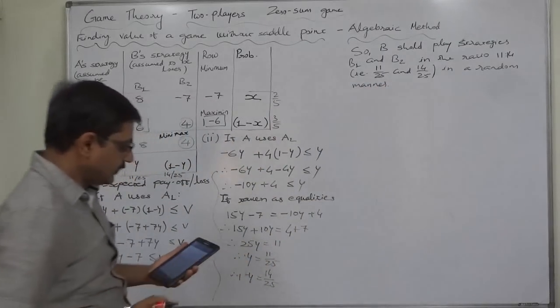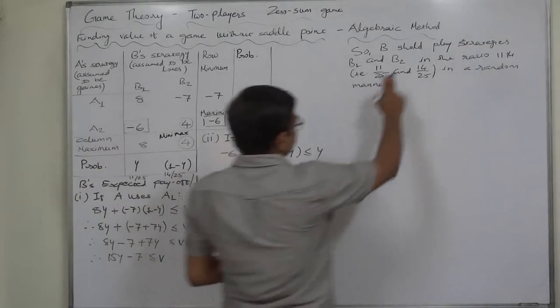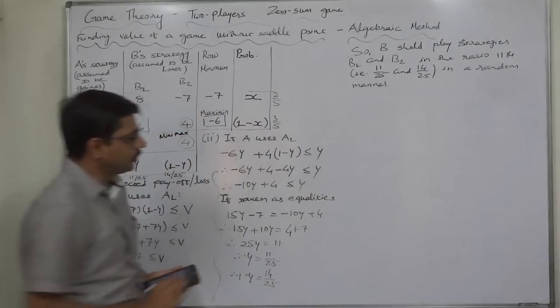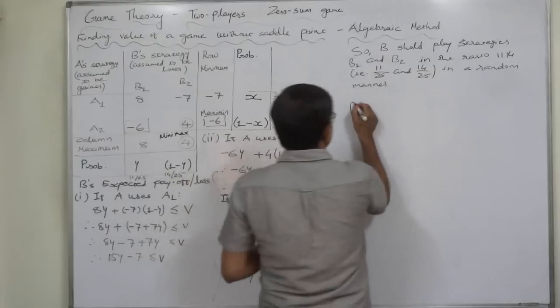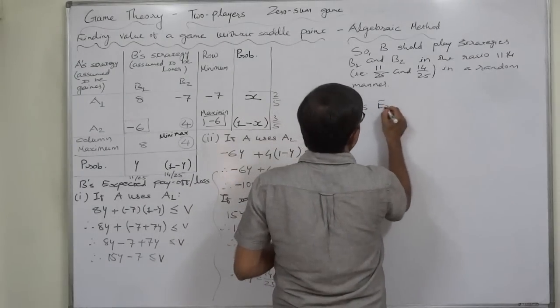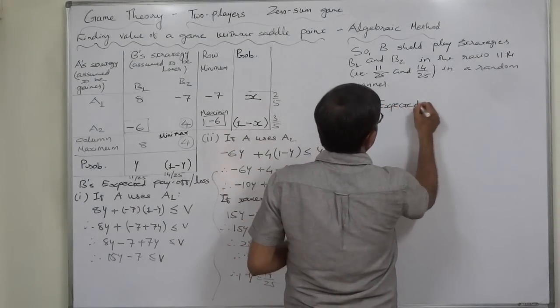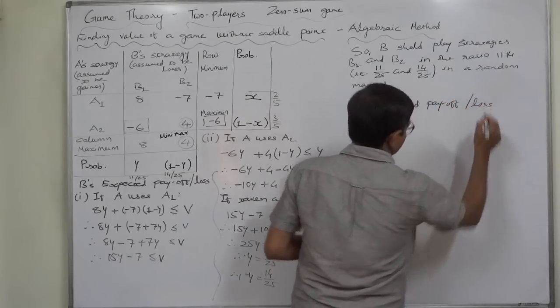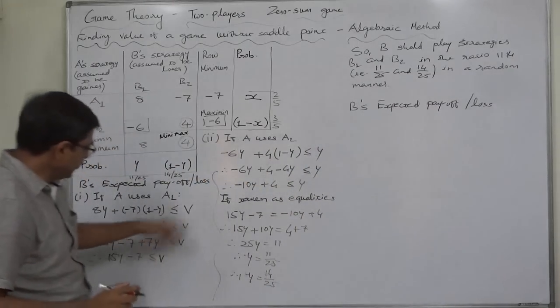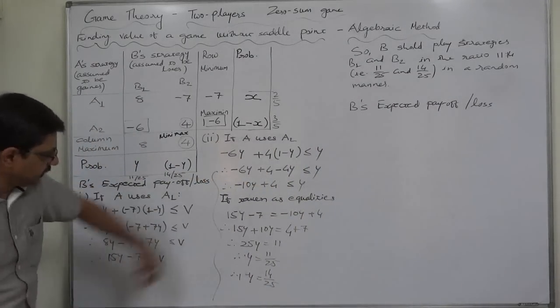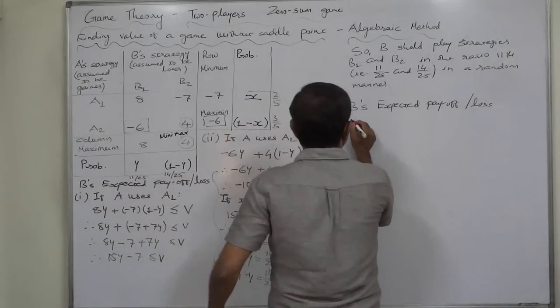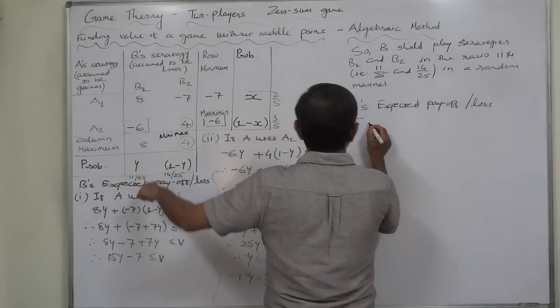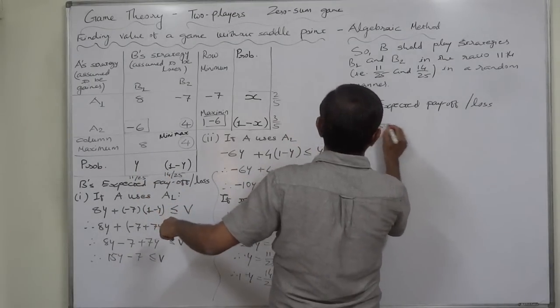And if we place these two strategies in this ratio, B's expected payoff, that is his expected loss, can be calculated in two ways on the basis of these two equations.